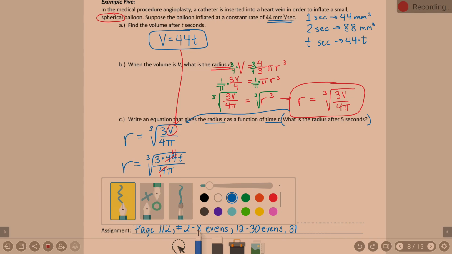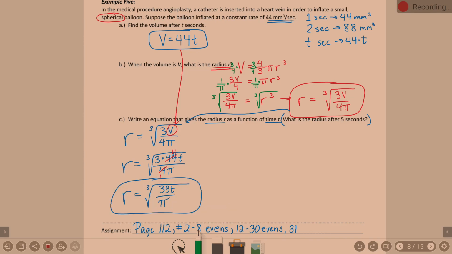Now, what is the radius after 5 seconds? We're going to use this equation we just created. R equals the cube root of 33 times 5 divided by pi.